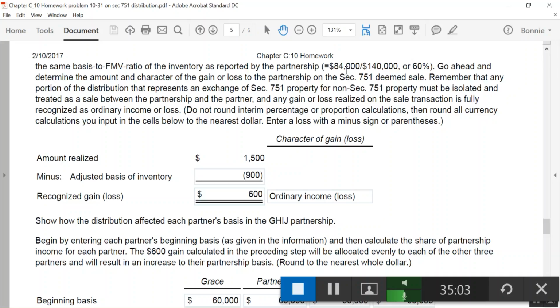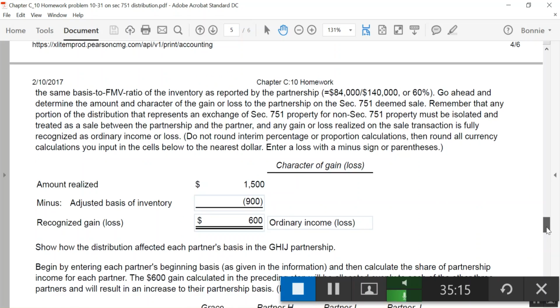Remember, the basis in that inventory was 84, and the fair market value is 140. So that's 60%. So 60% of that $13,000 fair market value will give us our basis of that $13,000.